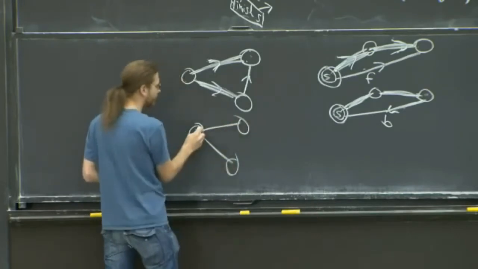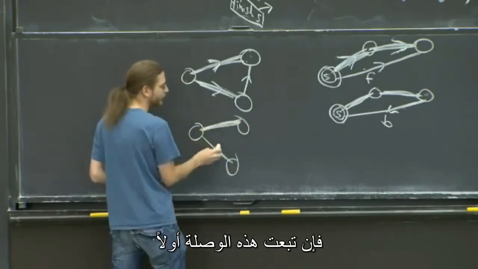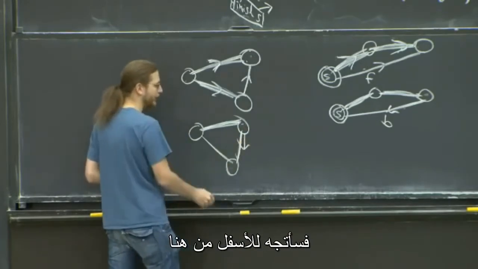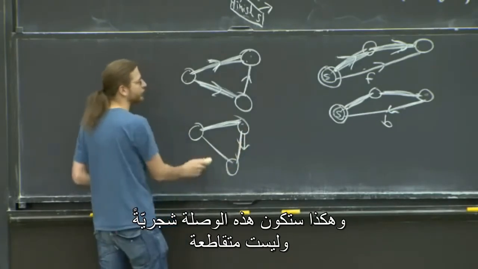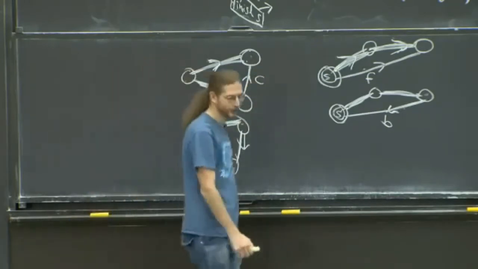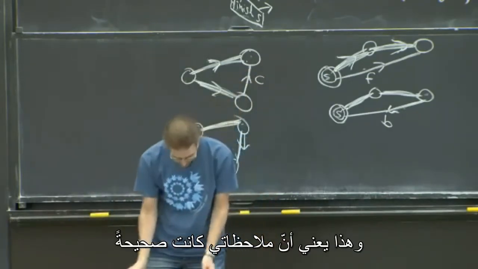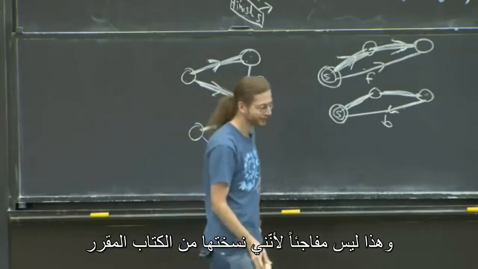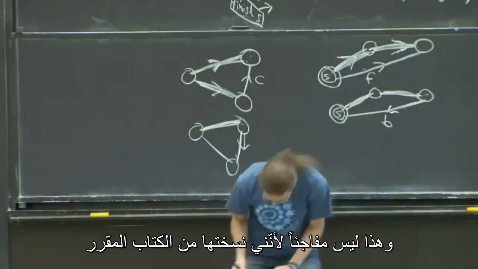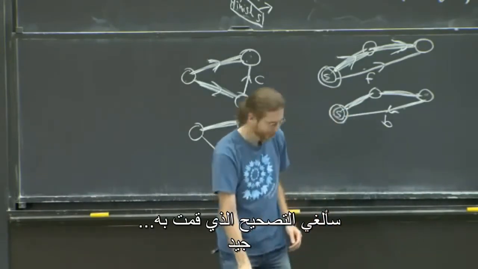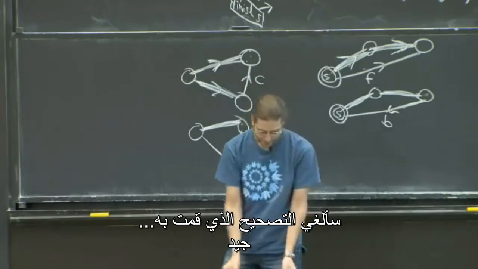For the same reason, if I follow this one first, and this edge exists undirected, then I will go down that way. So it will be actually a tree edge, not a cross edge. OK. That means my notes were correct. No surprise, because they were copied from the textbook. All right. Uncorrect my correction. All right, good.